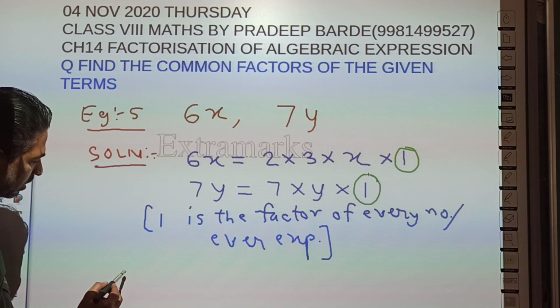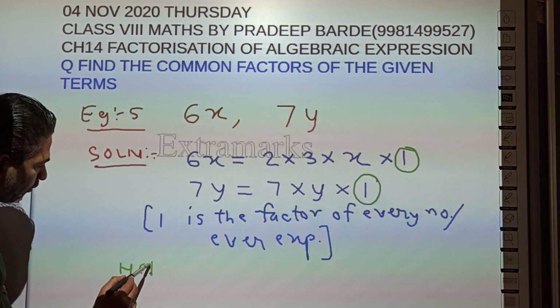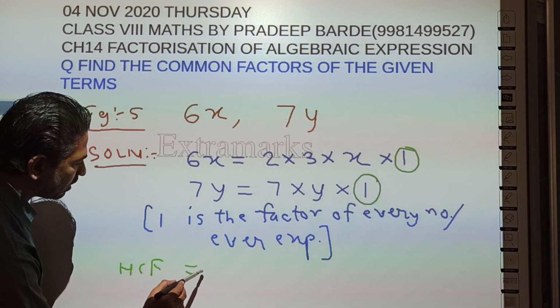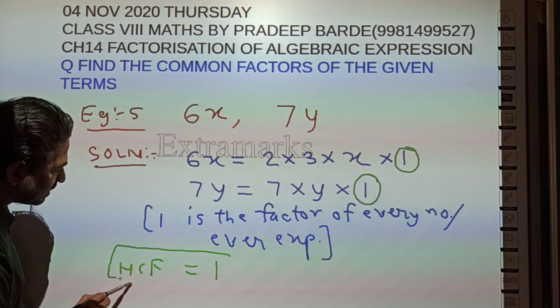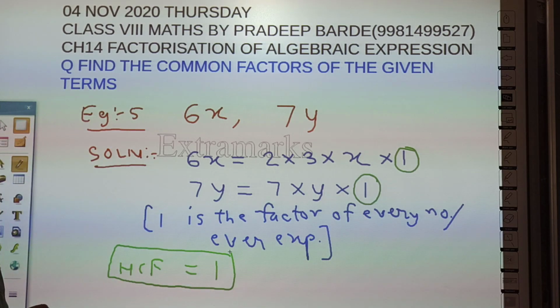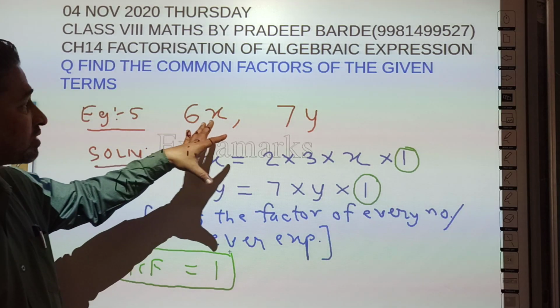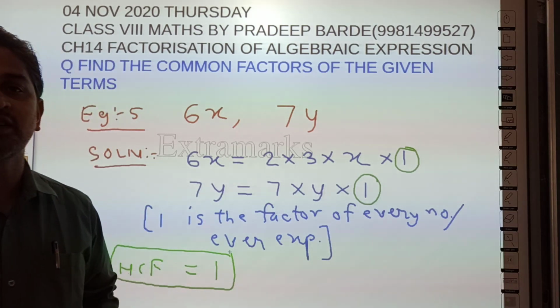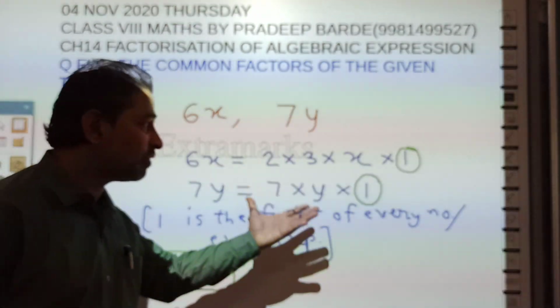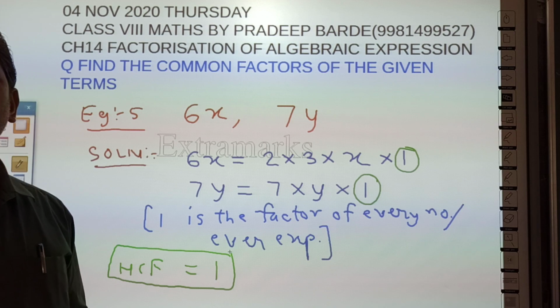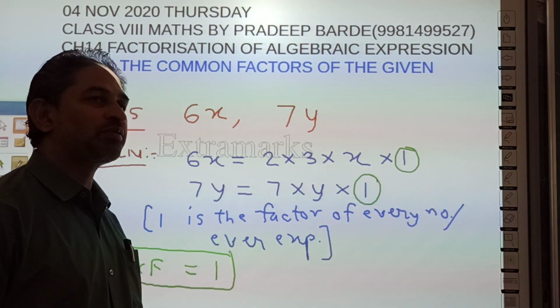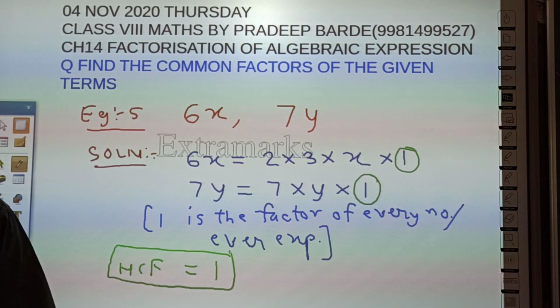So therefore the HCF is equal to 1. The HCF of the two given expressions is 1. That means when we write the expressions in the form of factors and find that there is no common factor, their HCF is 1. Okay?